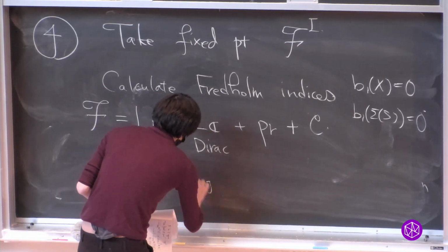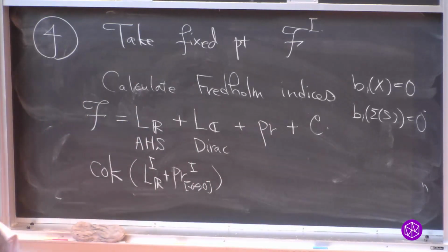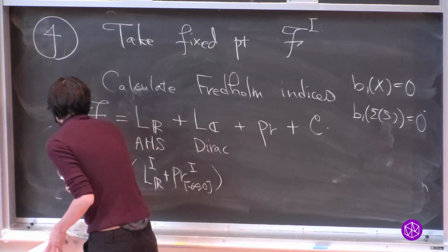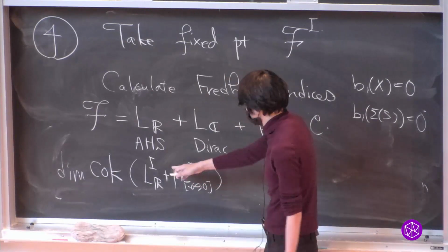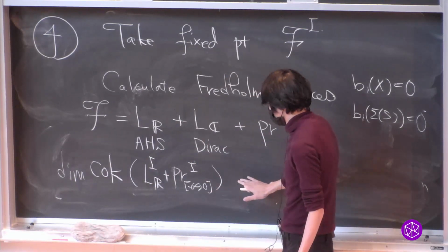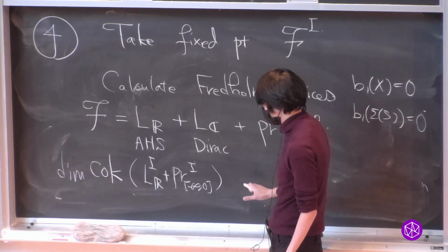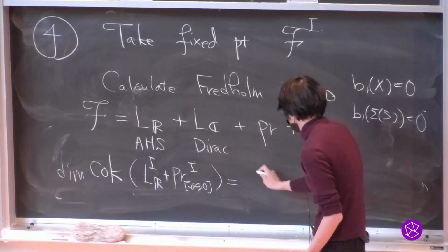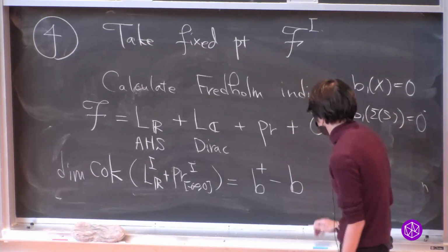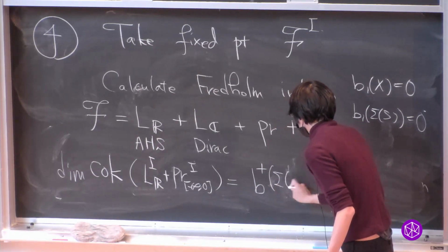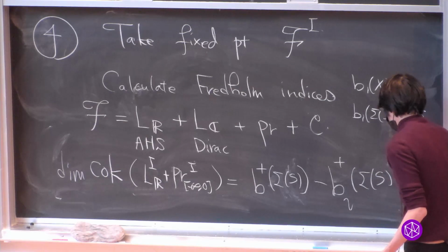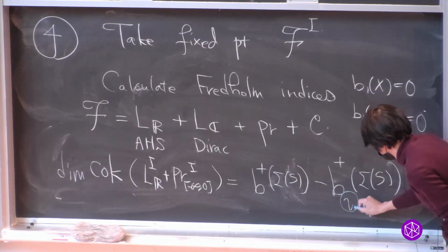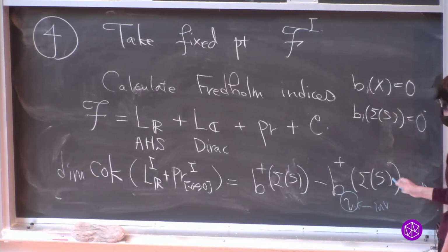And we need to put a suitable spectral condition, but if you do, then the dimension of the cokernel of this operator, if you ignore the I, corresponds to b plus of the double branched cover. But in this case, it is really different. It is equal to b plus of the double branched cover minus b plus of iota of the double branched cover. Here iota means just the dimension of the iota-invariant part.